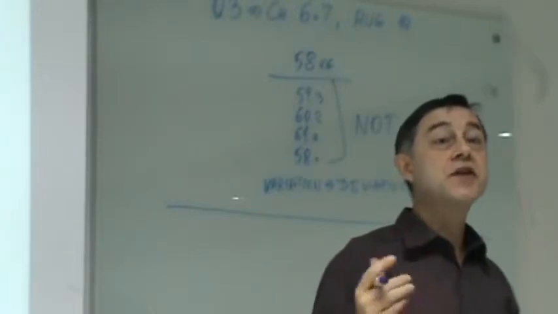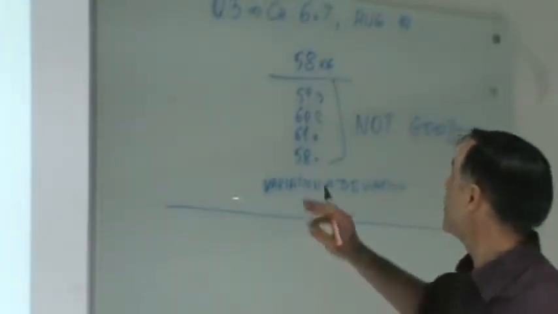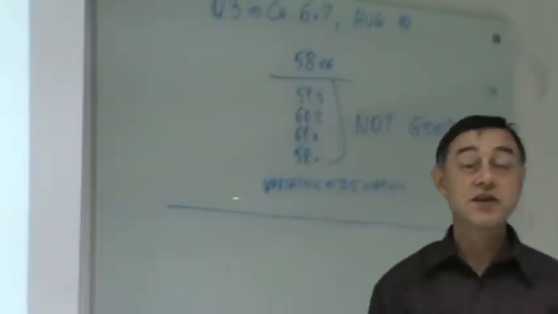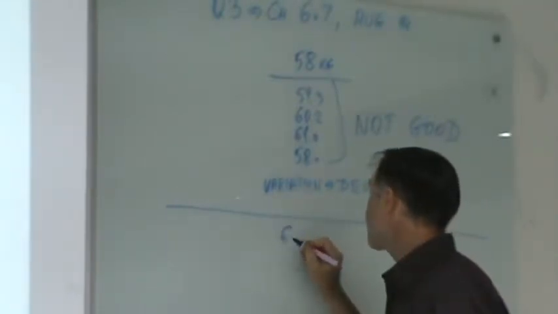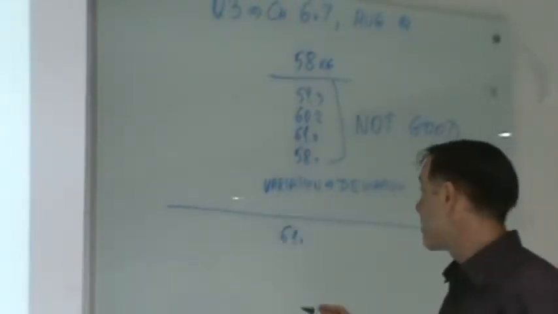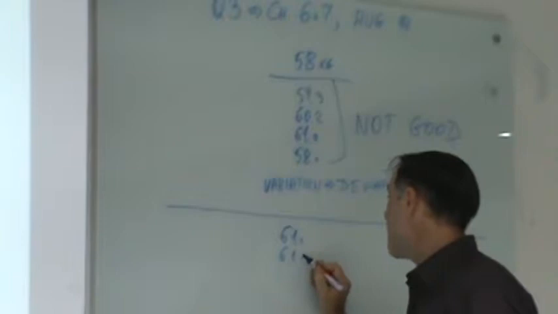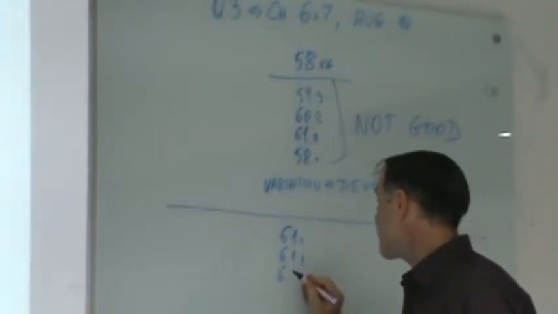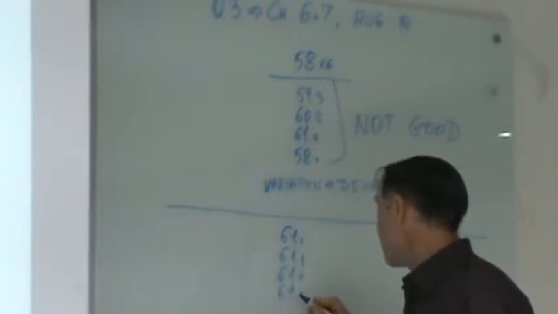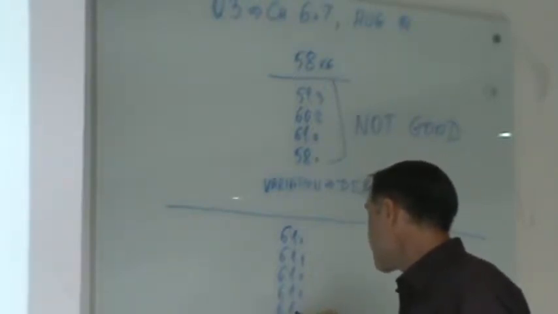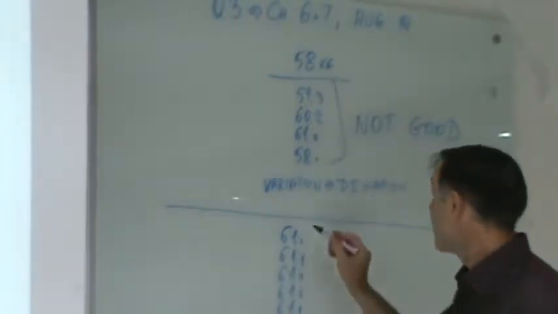Now let me give you another example of a problem. I do know that I'm 58 kilograms, but the scale says 61.0, then it says 61.1, then 61.0, then 61.0, then 61.1.